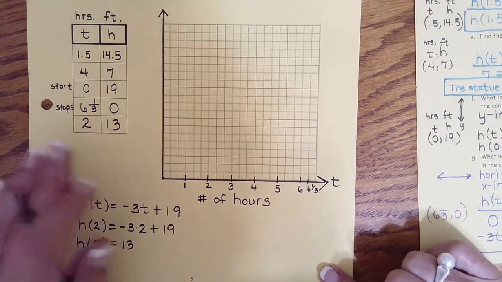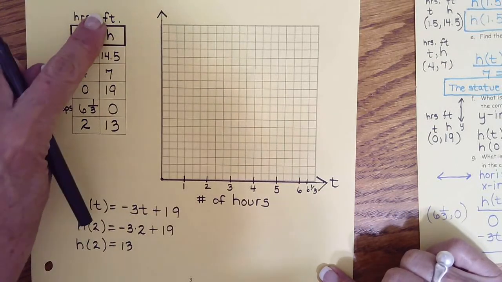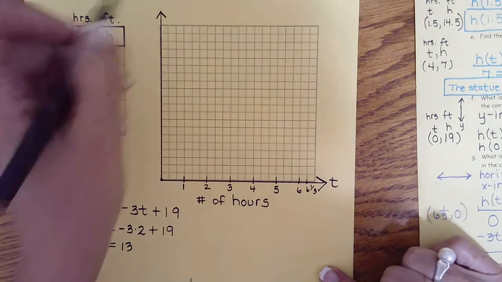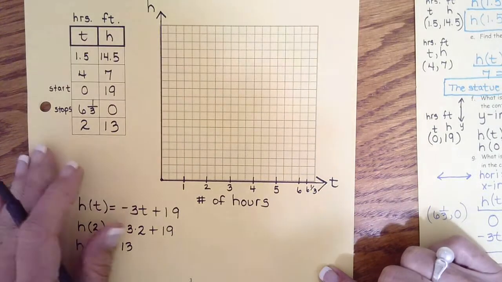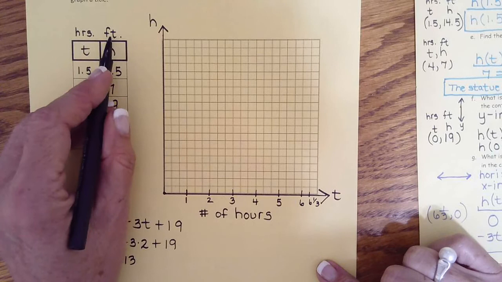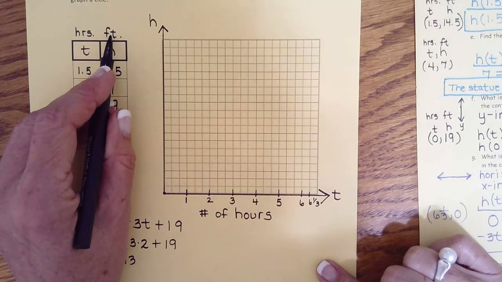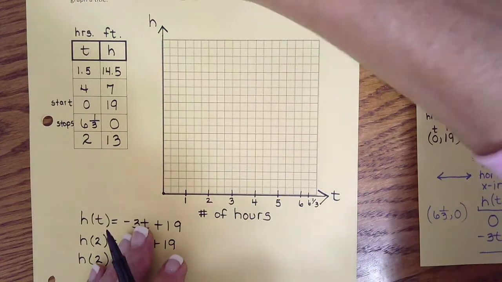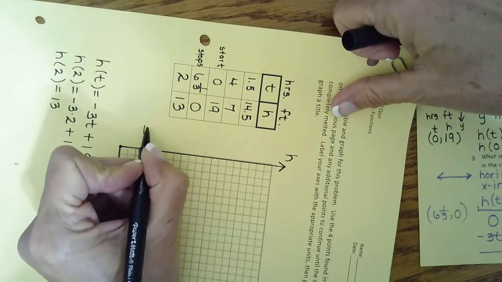And on our y-axis, the variable is h. So we label our axis h instead of y, and it's feet what? So height in feet. Does that sound right? Or height of the statue in feet? So let's write that here.